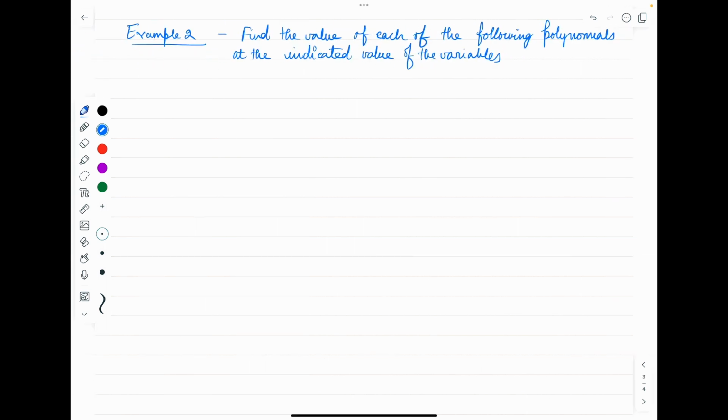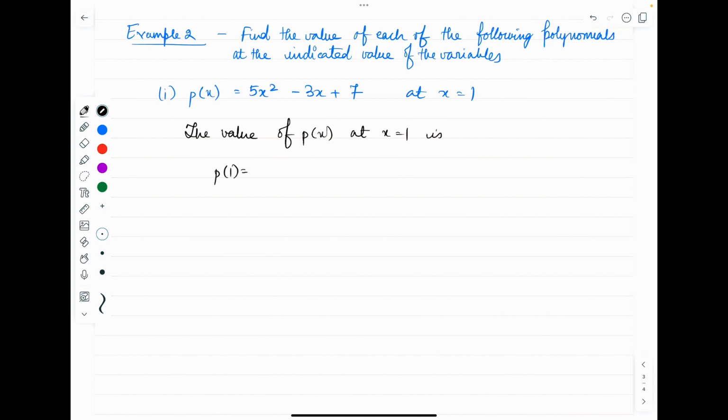So the first question is p of x equals 5x square minus 3x plus 7 at x equals 1. We have to find p of 1. Instead of x, we put 1.